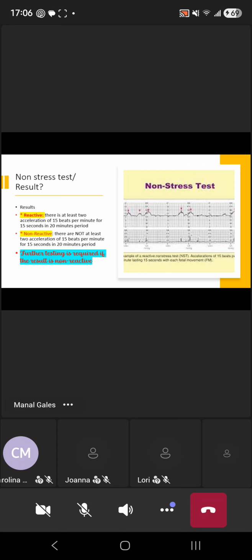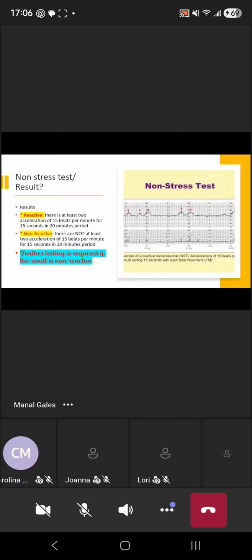Yes? So the acceleration we look for is an increase of 15 beats, and this increase stays for 15 seconds. So his heart rate will go 15 beats higher, and then it stays there for 15 seconds, like at 135.